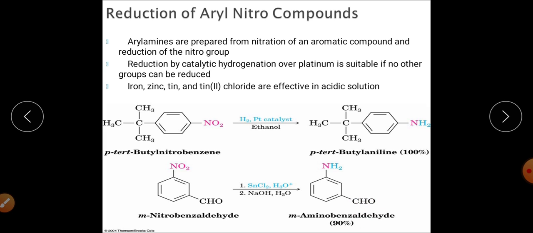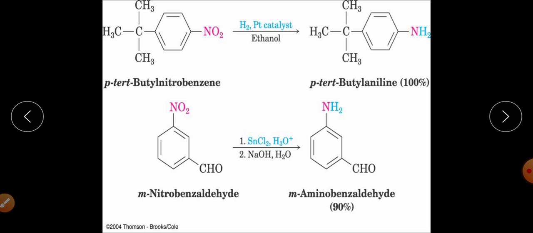So this is a good method, particularly if a substrate is containing more than one functional group. One group, NO2, can be reduced to NH2, and this is a better method by which we can prepare meta-aminobenzaldehyde, and you can see that the yield is again excellent here.